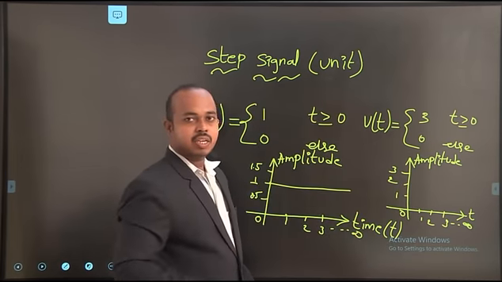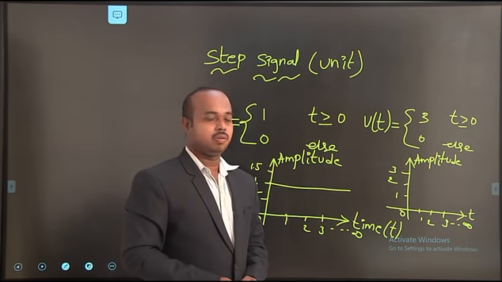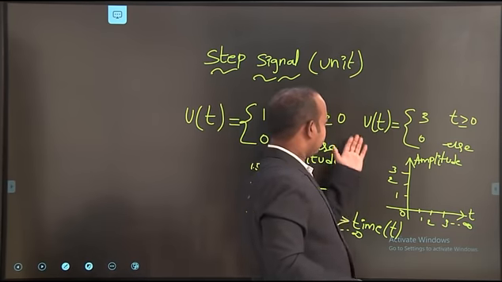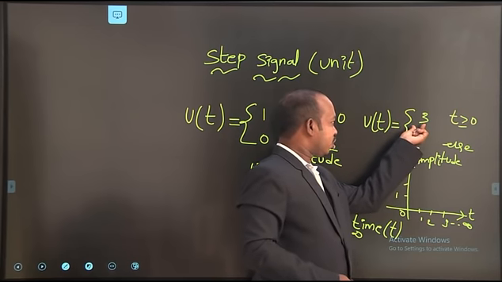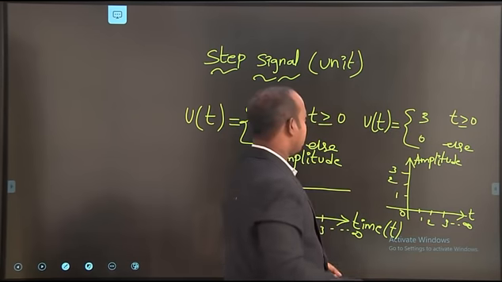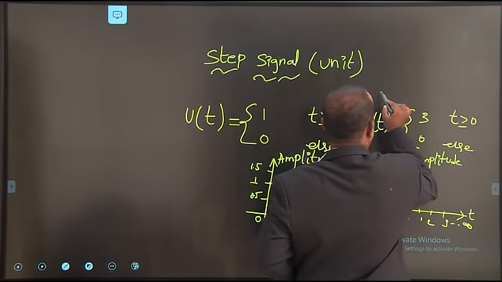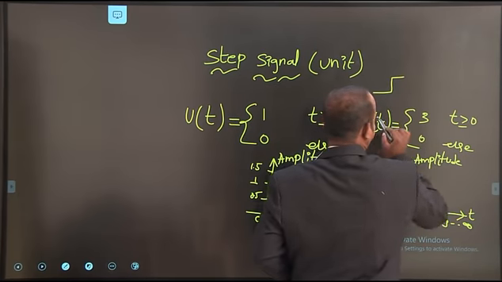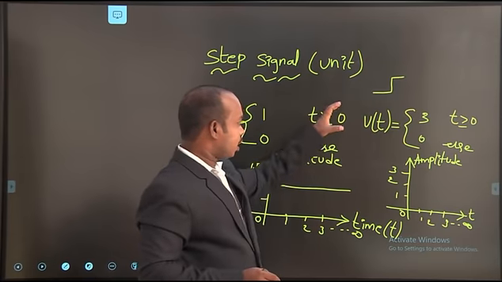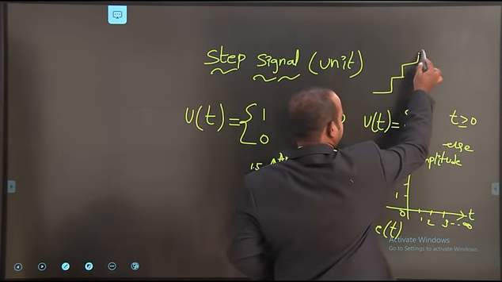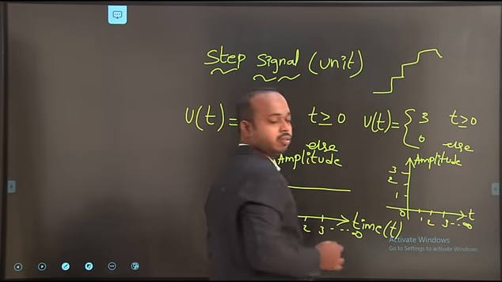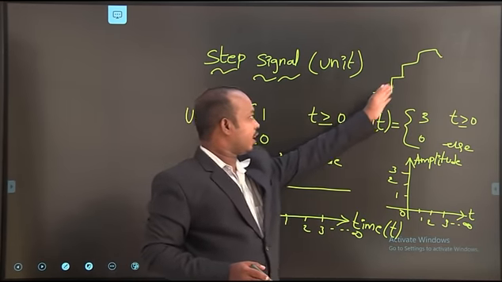Now you can represent the step signal. The step magnitude is 3. Generally you hear about steps. This one is a step, and the next step is like this. Steps are written like this.